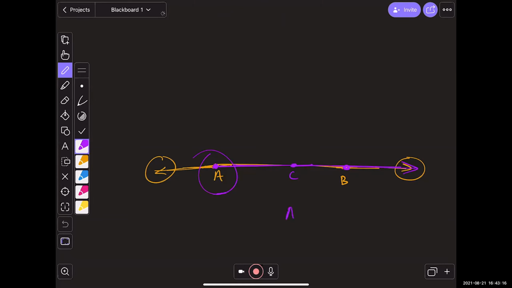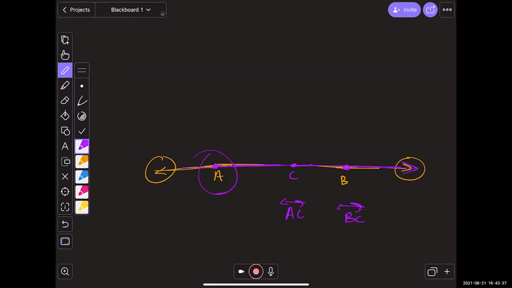AC and BC. So why are line AC and line BC the same? Because they both have the arrows, and they go on infinitely. Well, they're not necessarily the same length, but I do see what you mean.